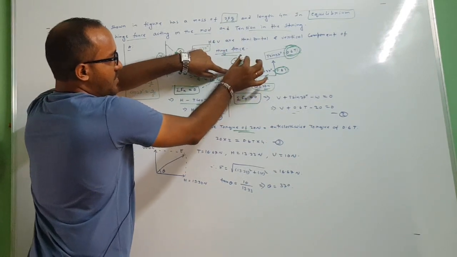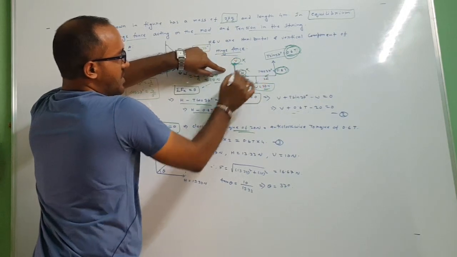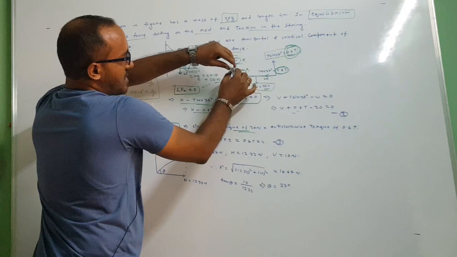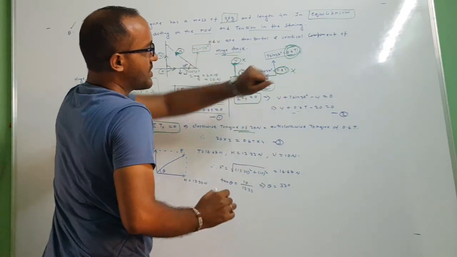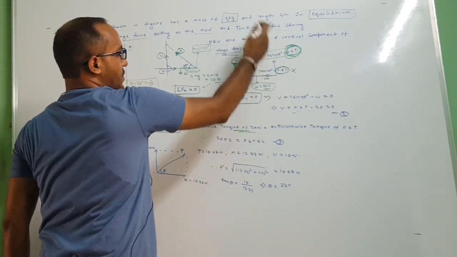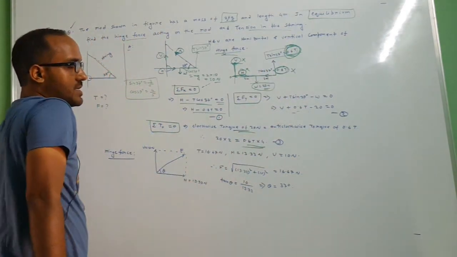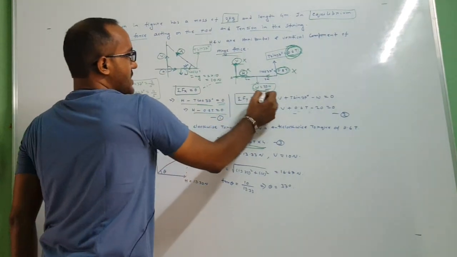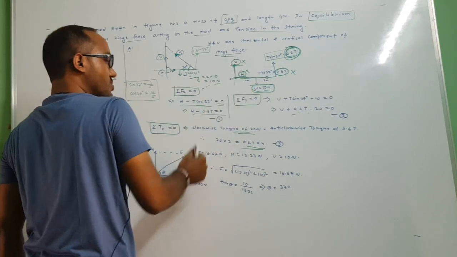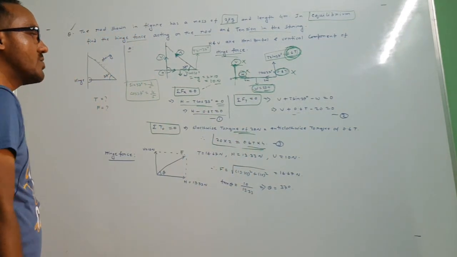This H is also passing through the axis, so we don't have to take this. This component will also pass through the axis, so we don't have to take this 0.8 T. We have to take only the 0.6 T force, that is force into perpendicular distance, which is 4 meter. And for the weight, force into perpendicular distance, what is the perpendicular distance? 2. So 2 into 20 should be equal to 0.6 T into 4.